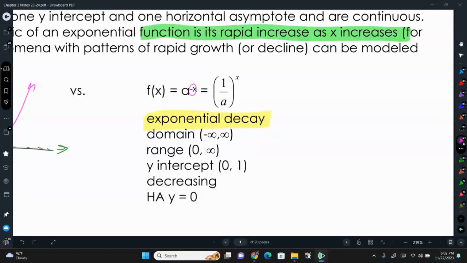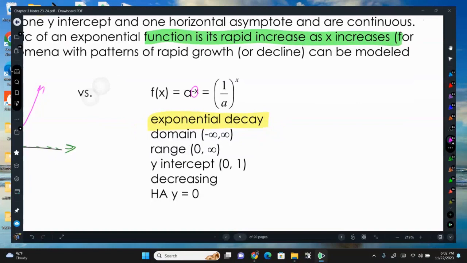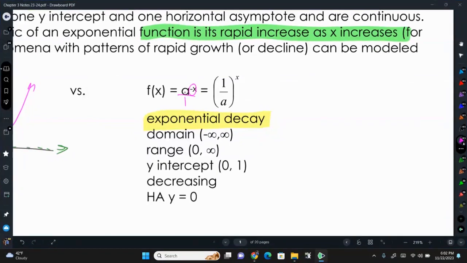Well, we know that with a negative exponent, you can write that over 1 and put it into the denominator, which is what we have right here. And that's what you were used to seeing last year. That exponential decay function was a fraction being raised to the exponent, because notice now the exponent went from negative to positive now that we put that a into the denominator.